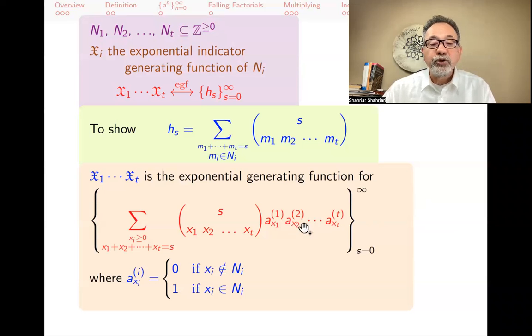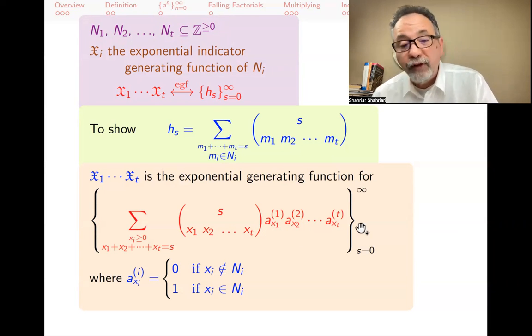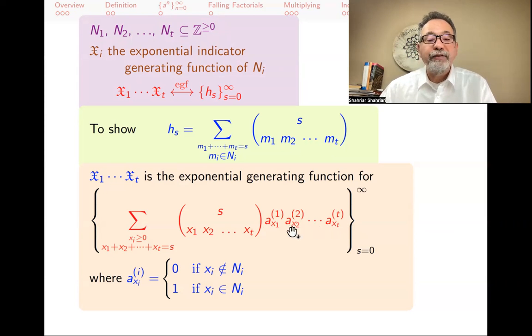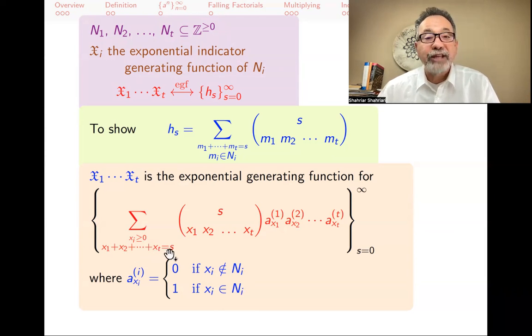When one of these coefficients is 0, of course, there's no contribution to what we get. The only time we get a contribution is when all of them are 1, and all of them are 1 if x1 is in N1, x2 is in N2, x3 is in N3, and so forth. And it has to be also true that x1 plus x2 plus x3 and so on equals s.